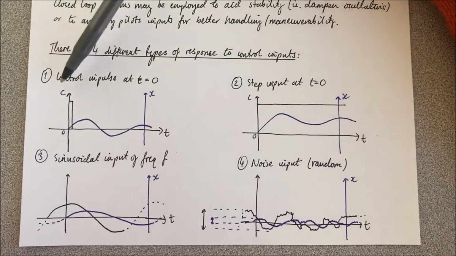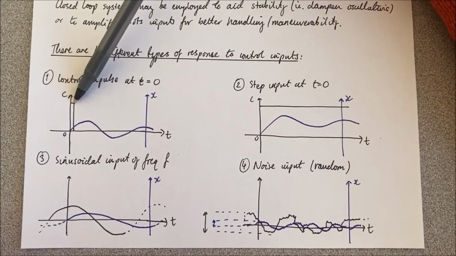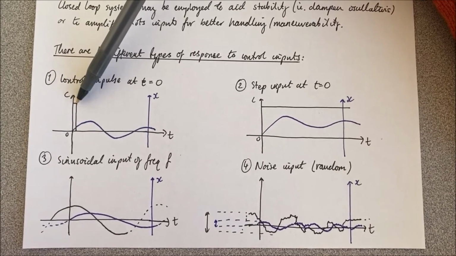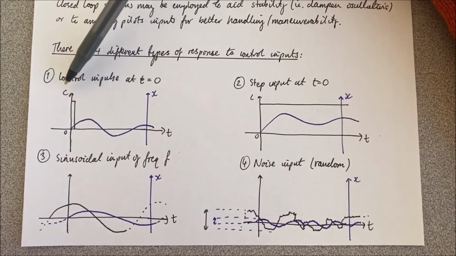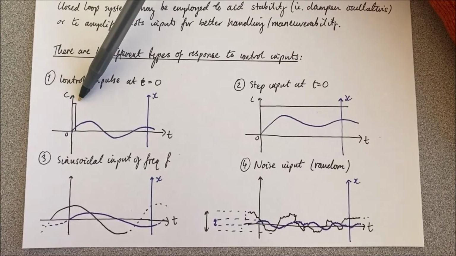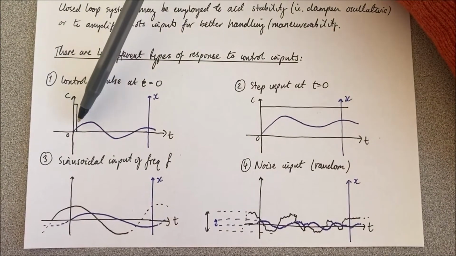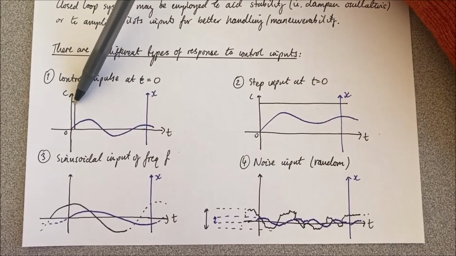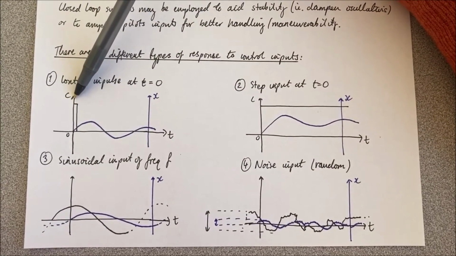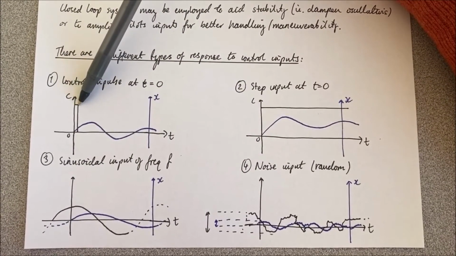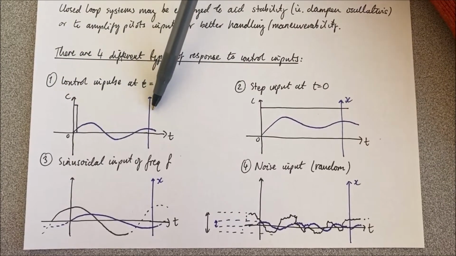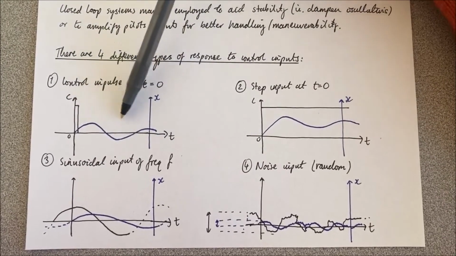So in this first case, remember our discussion about the short period pitching oscillation? Well, this is the control impulse that disturbs or excites that particular mode in the longitudinal sense, right? So we have a control input, here on the black axis, C for control input, X for output, on this y-axis over here in blue.